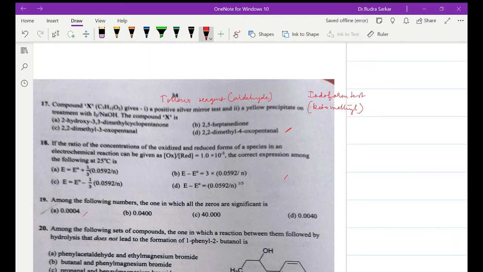Okay, so let's quickly draw the structures of the molecules. So when it says 2-hydroxy 3,3 dimethyl cyclopentanone, so our cyclopentanone, if we draw like this, it says 2-hydroxy. That means over here.